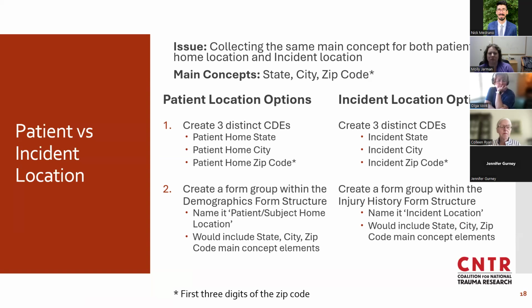I think for today, it's educating everyone on what our options are. And then I can work with Olga on exactly how it gets implemented and what would make the most sense within those groupings, whether we add it to an existing grouping or create a new grouping. But you can see how if we keep going about creating CDEs this way, we could have many, many different states, cities, and zips.